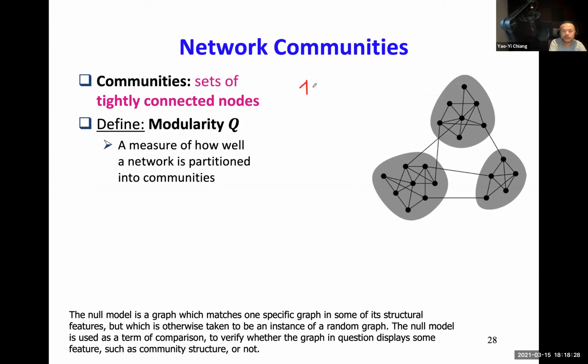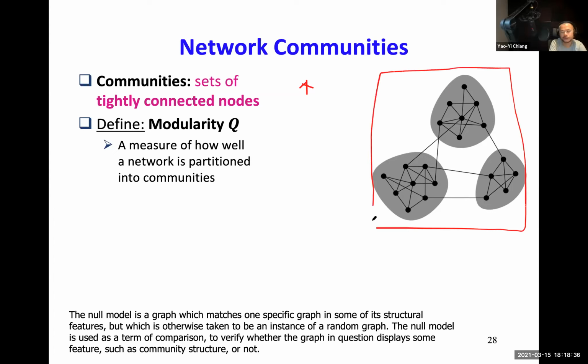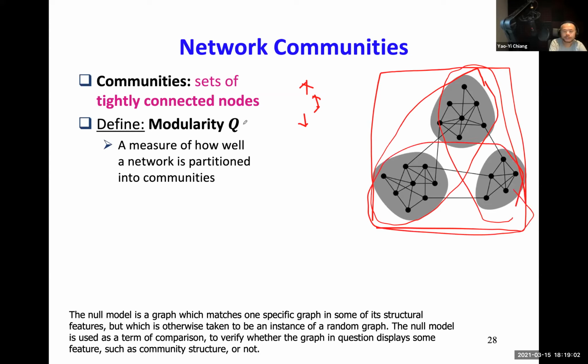However, if you say, all right, I only want to treat everyone as one large community, generate a modularity number for me, the number will be lower than this one. Because between these two parts of the same community, it is not densely linked, right? And also between these two parts, it's not densely linked. Between these two parts, it's not densely linked. So the modularity number will be able to tell you which setting or which cut is the best.